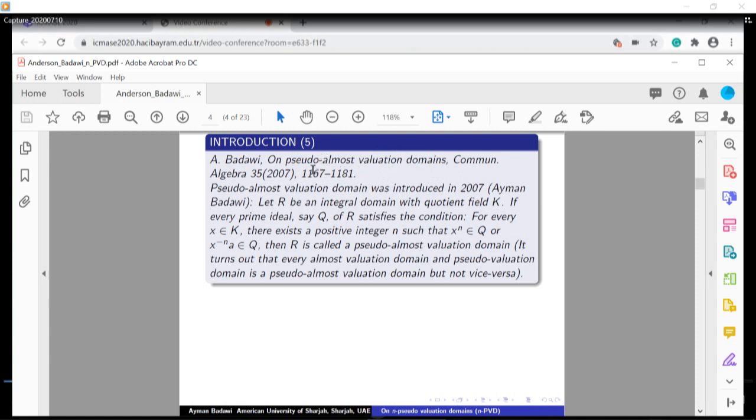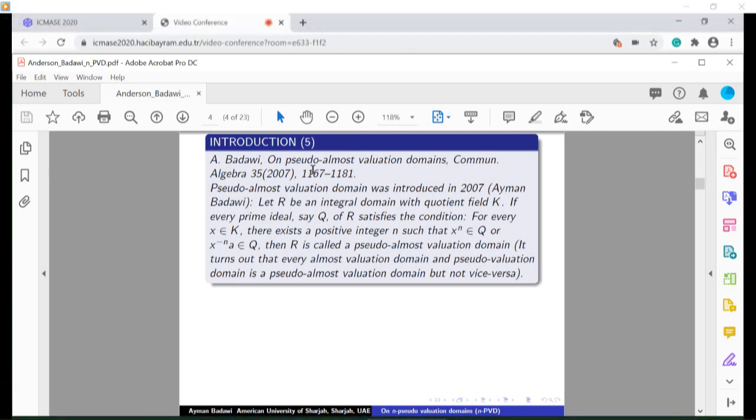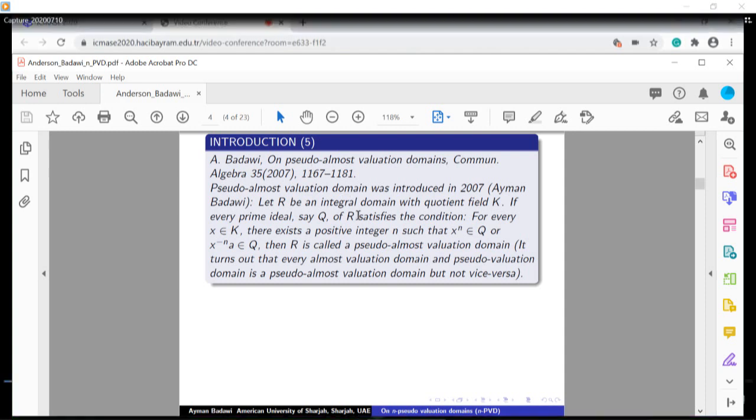So the way you think of it, a pseudo valuation domain is a generalization of a valuation domain, and a pseudo almost valuation domain will be a generalization of an almost valuation domain. Here is the definition of a pseudo almost valuation domain.